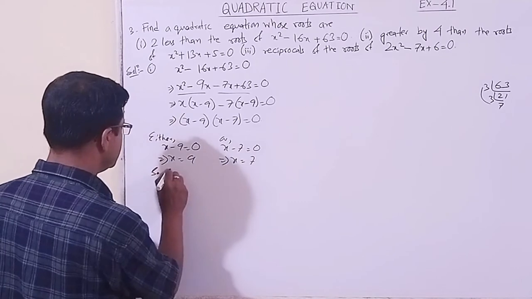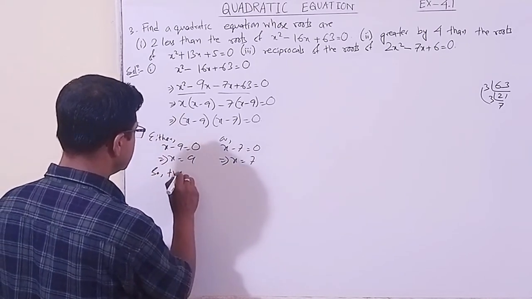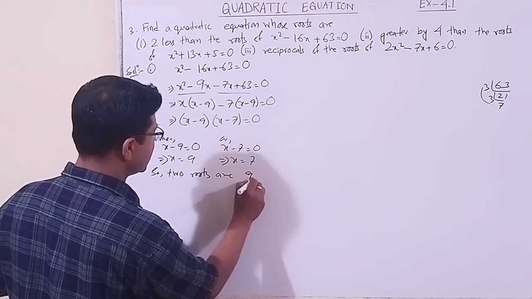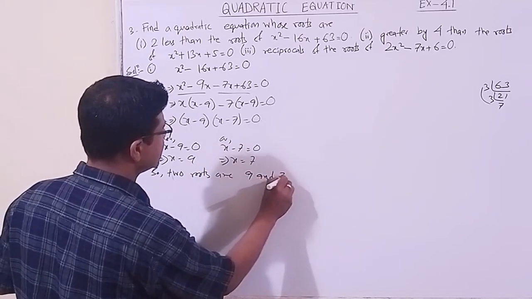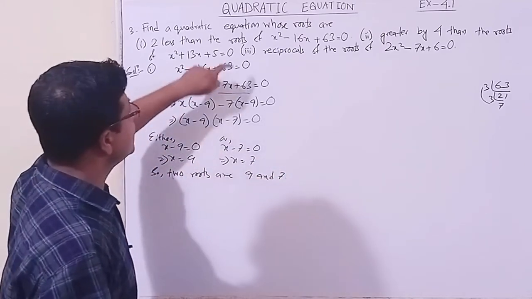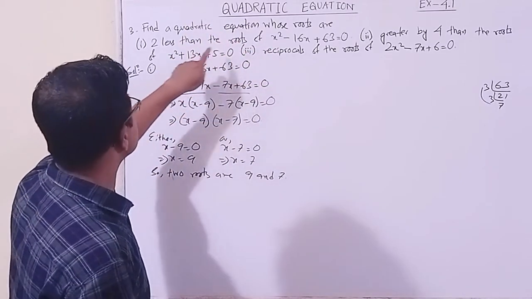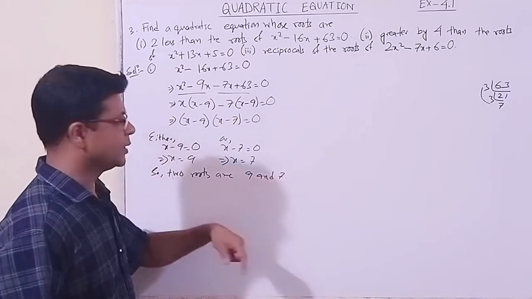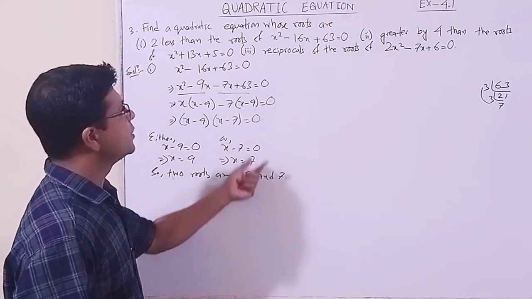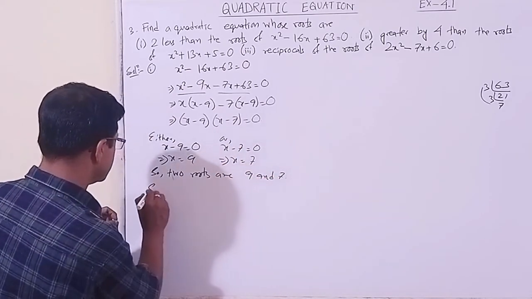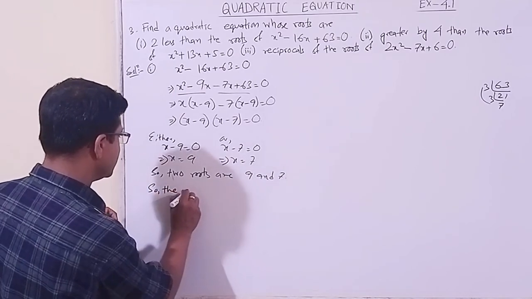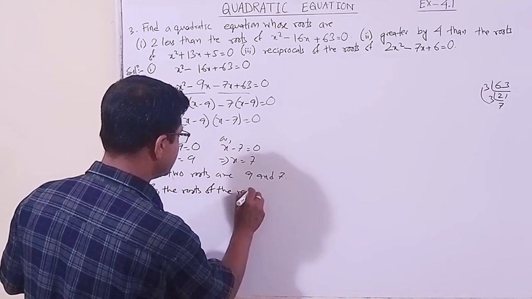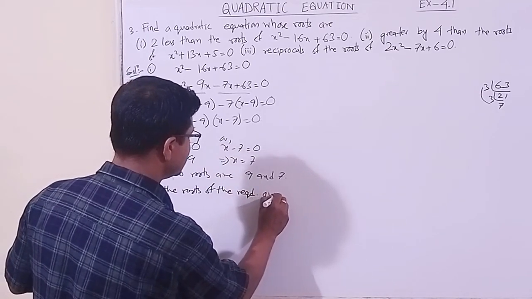So the two roots are, what are the roots? 9 and 7. Okay, now we have to frame a quadratic equation whose roots are 2 less than the roots of this. So these roots are 9 and 7. So what will be the roots of the required quadratic equation?